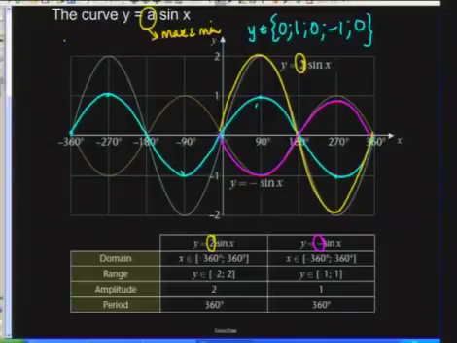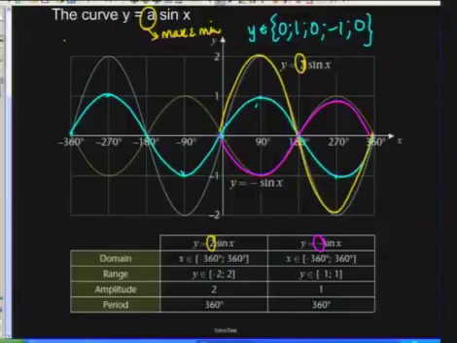And if I want to see what is the effect of that coefficient, I would multiply each of those y values by the new coefficient a, and I would now be able to get what those new critical values would be. So the amplitude is very easy to work with.